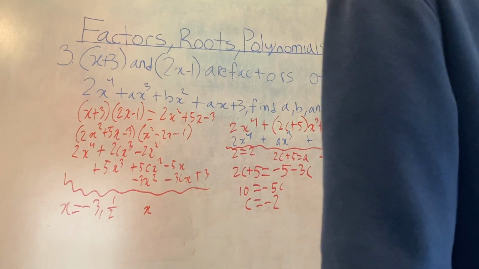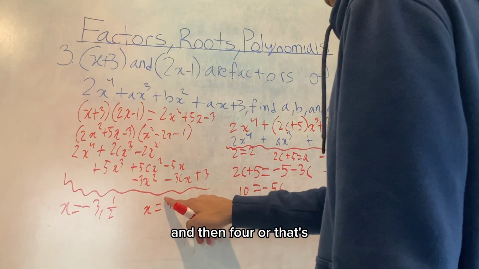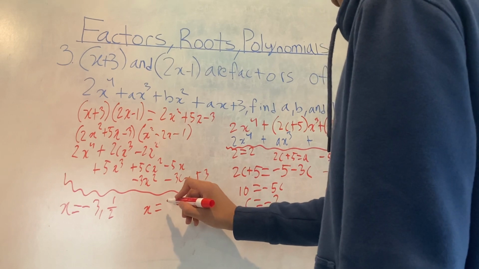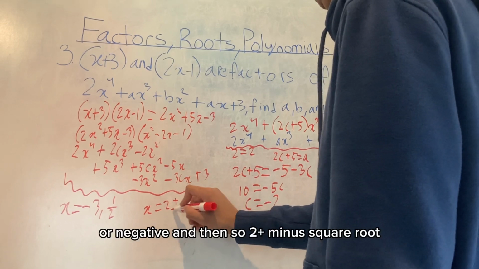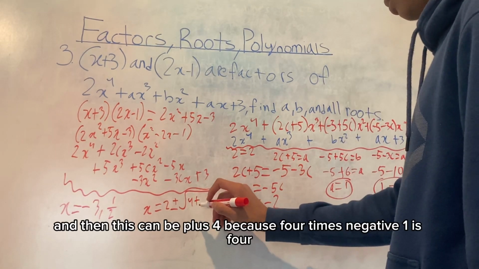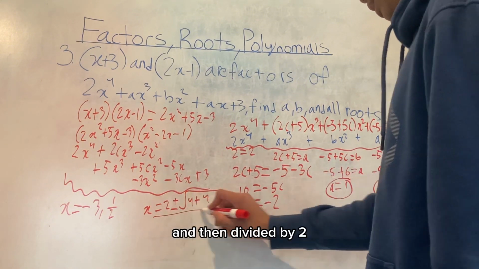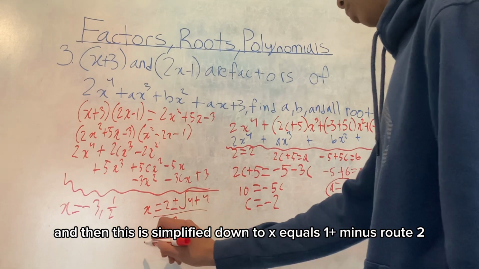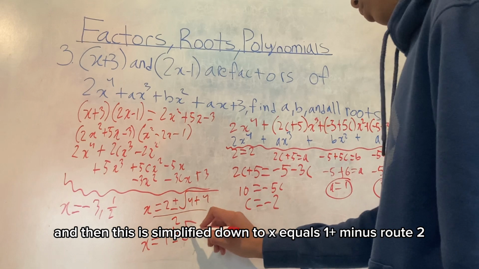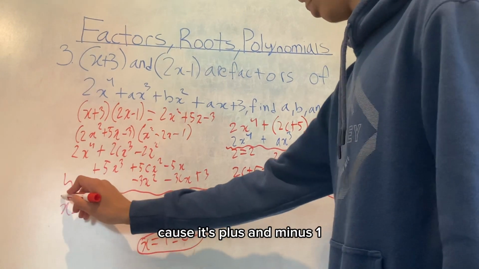Negative negative 2, so 2, plus or minus the square root of 4, and then this can be plus 4, because 4 times negative 1 is 4, and then divided by 2, and this simplifies down to x equals 1 plus or minus root 2. So these are the other two roots, because it's plus and minus.